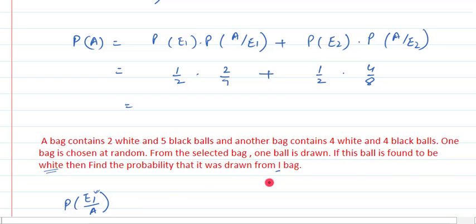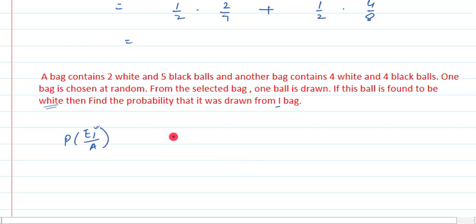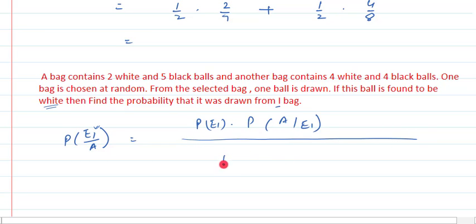So if we use Bayes theorem over here, as I told you, we'll use the formula P(E1) into P(A/E1) upon P(E1) into P(A/E1) plus P(E2) into P(A/E2).